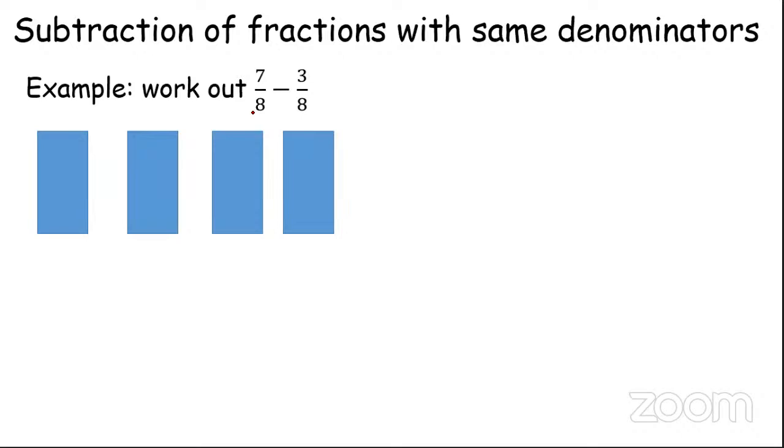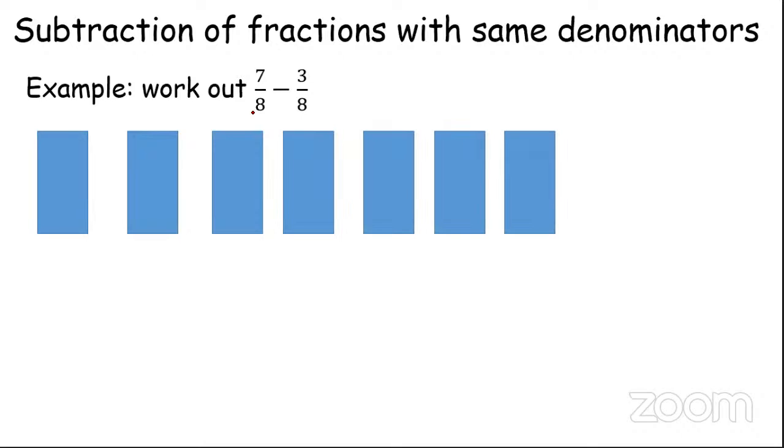So we can have our 8 pieces which are there. So out of the 8 we are only going to get 7, and then in those 7 we remove 3, and then we see what we shall be left with.